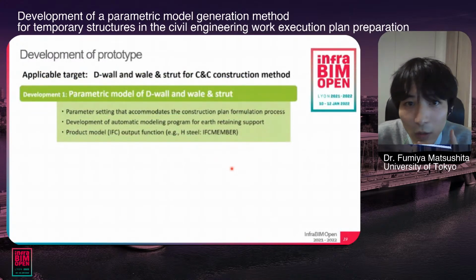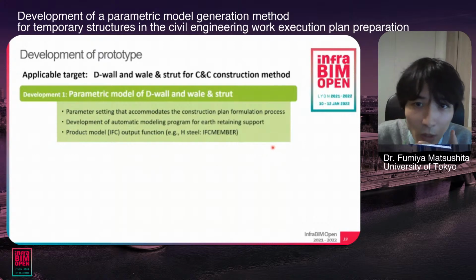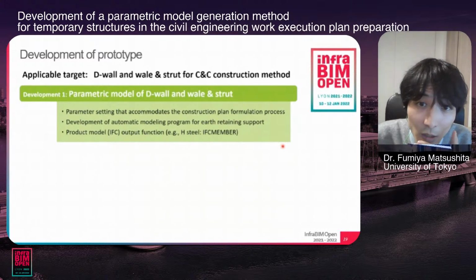Based on the discussion so far, this slide describes the development of the prototype. In addition, the prototype will be developed for DWO and well understood for cut and cover construction method. The development content is roughly divided into two parts, and the first part is development of the parametric model.